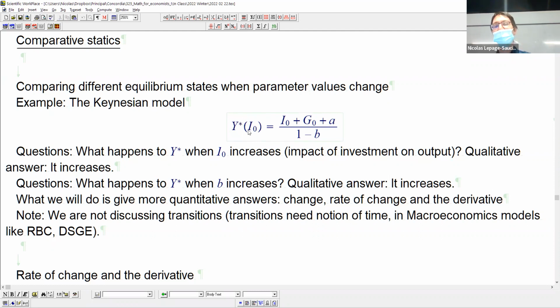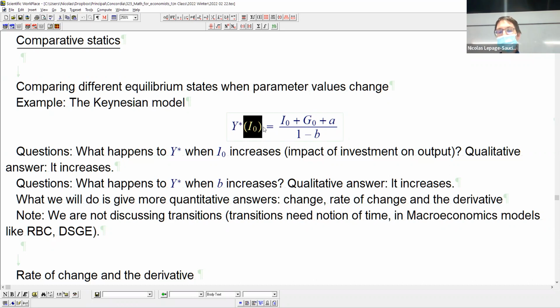So the change would be, if I change I0, what happens to y star. But we don't really care all that much about the change itself because it has units, it has context. What we really want to know is the rate of change: how something increases in proportion to something else, as a result of the change of something else.